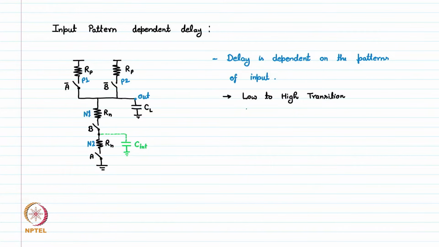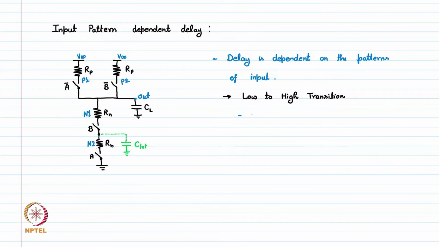In the first case, when both inputs are going low, it means P1 and P2, both transistors, are turned on. Then the output node will get current from VDD through both of these PMOSes. Half the current will come from P1, half from P2. It means the overall resistance, Rp and Rp in parallel, becomes effectively Rp upon 2.